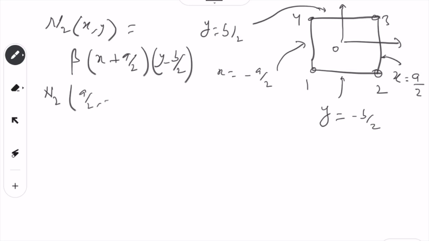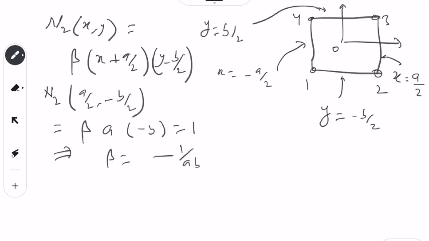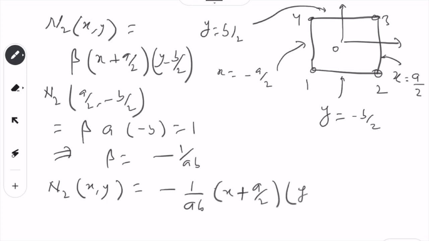So beta times a multiplied by minus b equals 1, and that tells us that beta equals minus 1 over ab, and we get N2(x,y) equal to minus 1 over ab times (x plus a over 2) times (y minus b over 2). So this is what we got for N2.